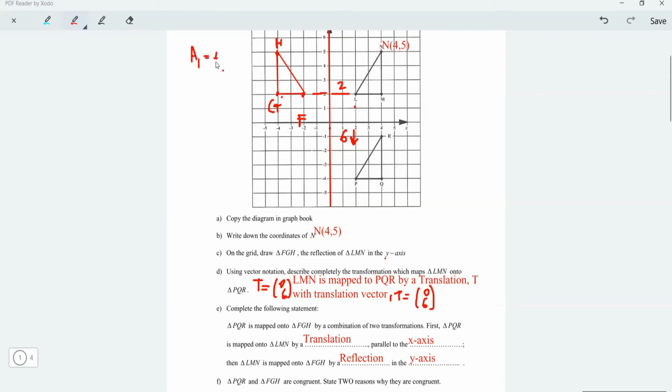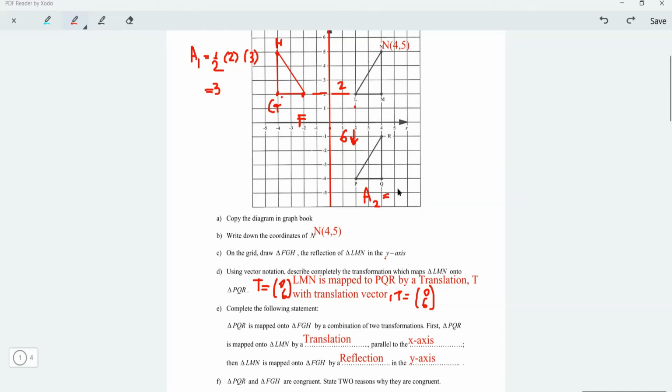That would be half of 2 units times the height of 3 units, so the area of this triangle is 3. If you come down here, the area of this triangle is half of 2 times 3, which would also give you 3.